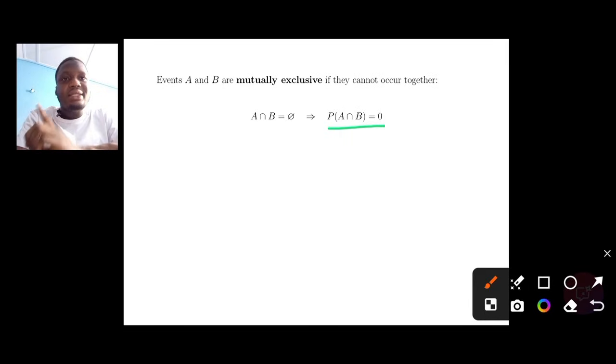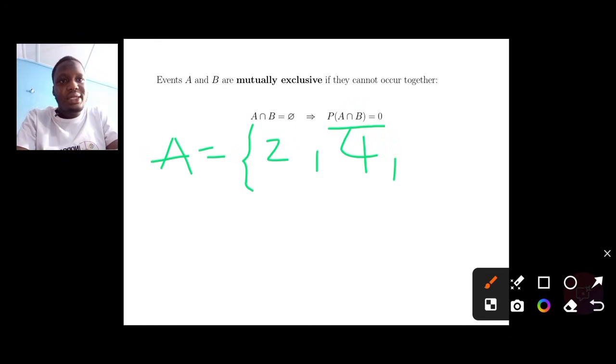If it is given in a question that A and B are mutually exclusive, then it means that their intersection is 0. And this is a way to visualize it. Let's say we roll a die and A is the event of even numbers. So we have 2, 4, 6.